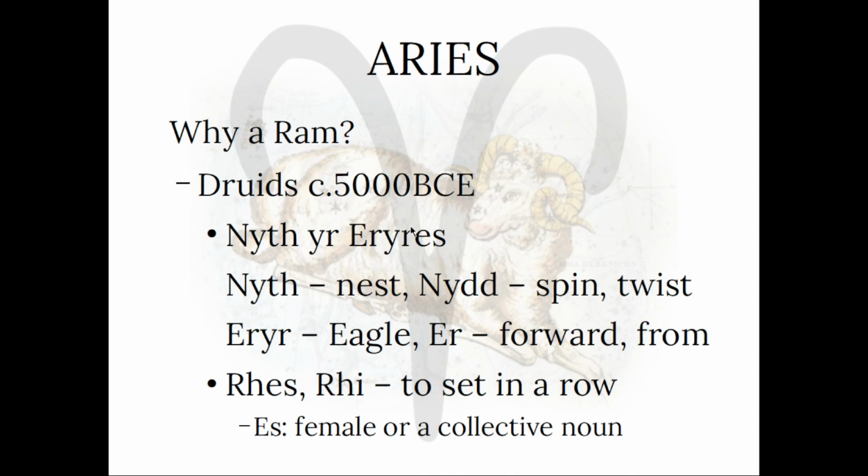Es, the suffix es, which we have up here, it can mean female, which is where we get the hen eagle's nest from, but it also creates a collective noun from the root. And in this sense, it represents the collective noun for the 12 constellations of the zodiac.